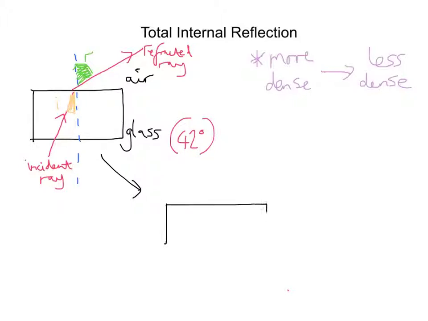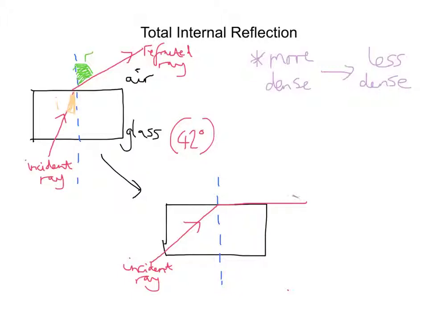So here's our glass. Let's put our normal in place. So here we have the incident ray, like before, but now what we see is that the refracted ray travels along the sort of edge of the glass.